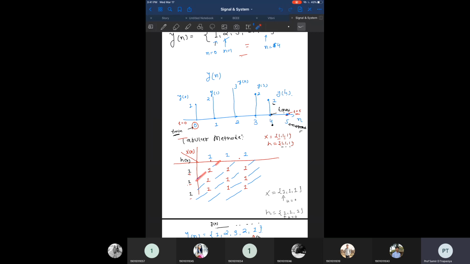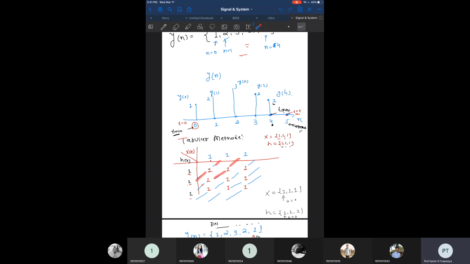We draw cross lines over this, joining all these points, and when there is a group, we add the groups one by one. First we add this one, which is only the value of 1. Then we take this one, then this one, and this one. So we add all these values, and then finally we put the result here.